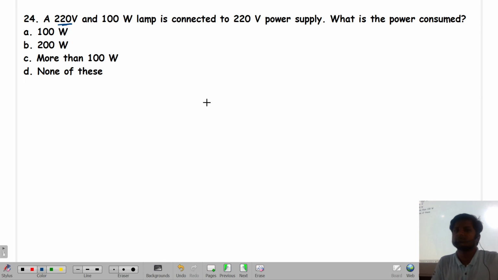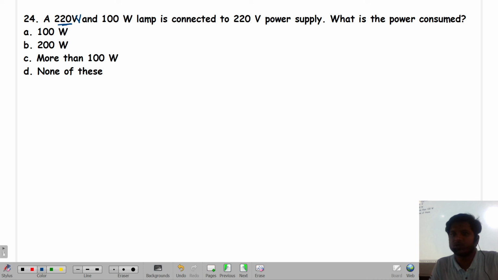Voltage is given, power is given. You'll get the resistance. Yes or no? Sorry, it should be 220 watt and power consumed. What is the total power consumed?